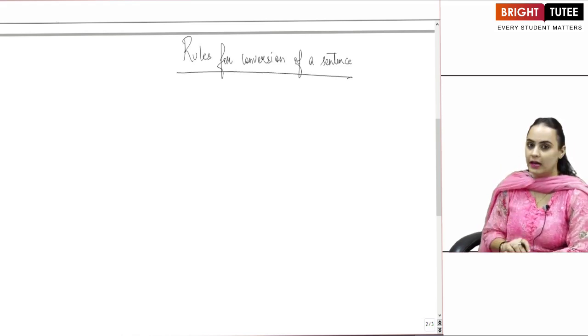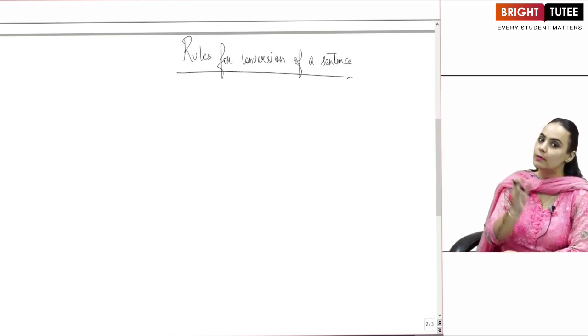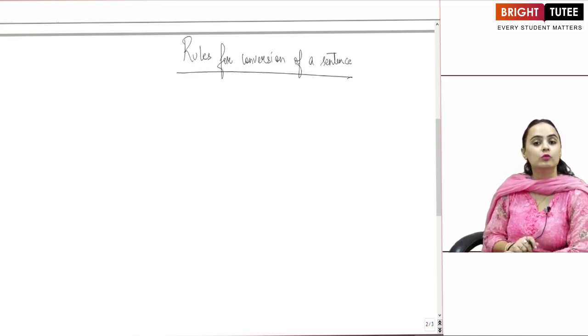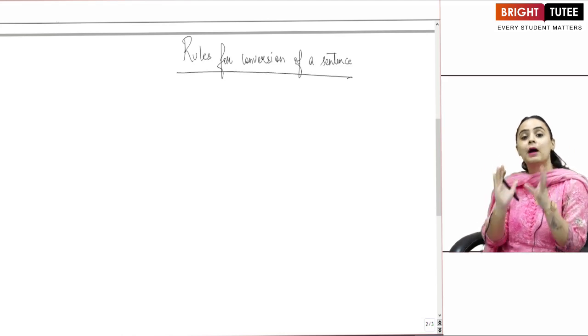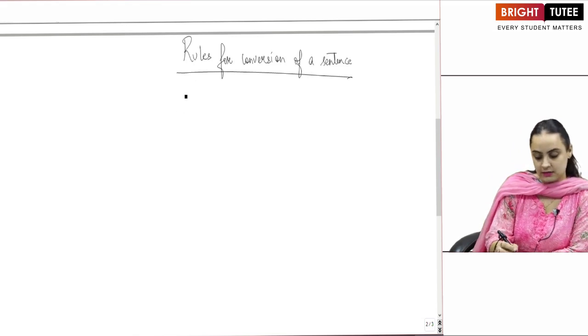So now I am going to teach you the rules for converting a sentence from active voice to the passive voice. But before we move on to the rules, it is very important for us to understand the parts of a sentence. Now, what are the parts of a sentence?